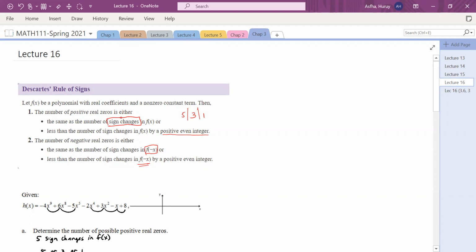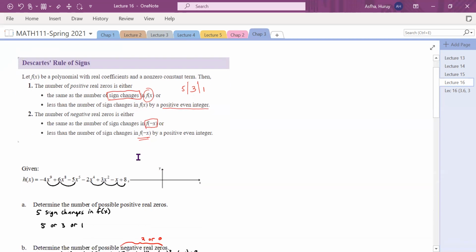But here we count the sign changes of f of x, and here we count the sign changes of f of negative x. So this way we can reduce the possible number of rational zeros of the polynomial.